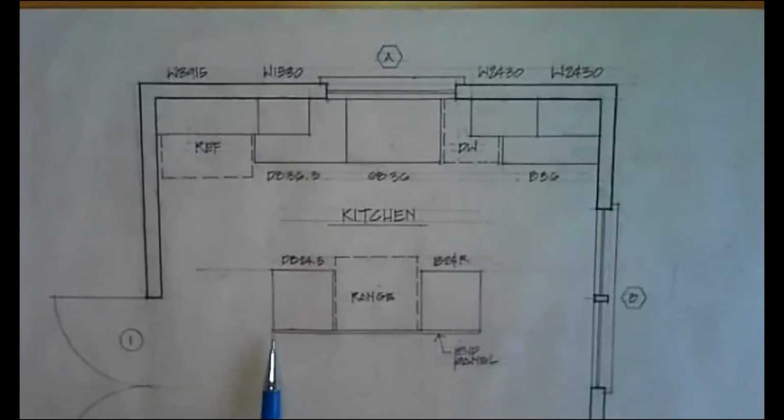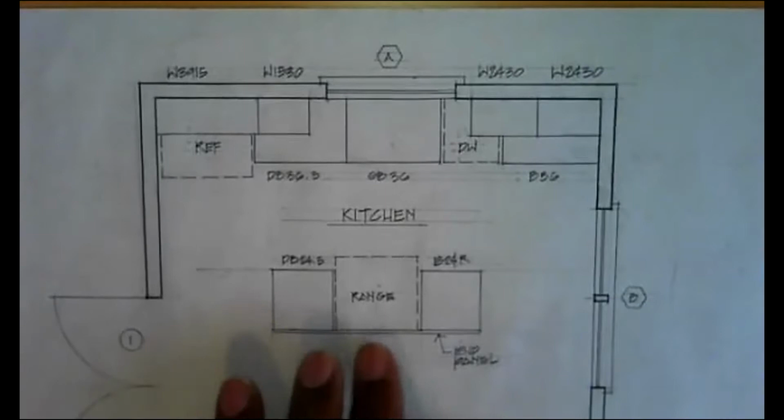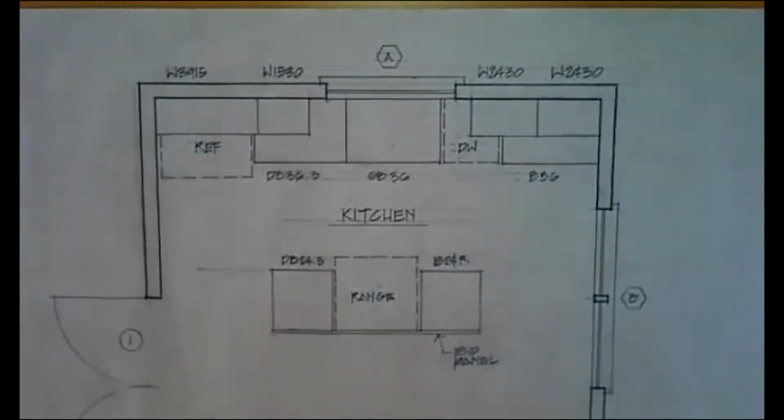Okay, you could actually put a wall here, and that wall is an interior wall, so it would be 4 inches in thickness. But what I chose to do is to put an end panel. This end panel is going to match the color of my cabinetry. Okay, so put an end panel, and you can buy this from the Craft Maid manufacturer, the end panel. Okay, so that's what I chose to do.